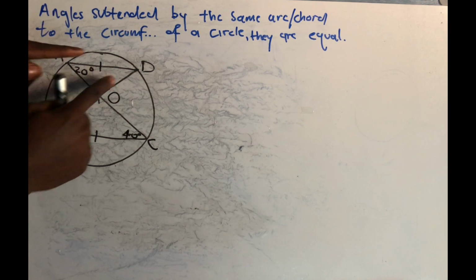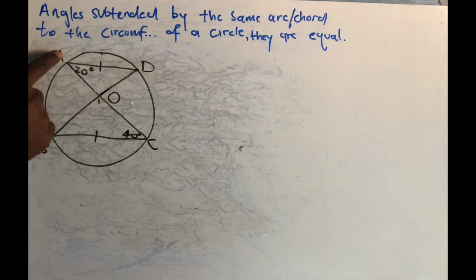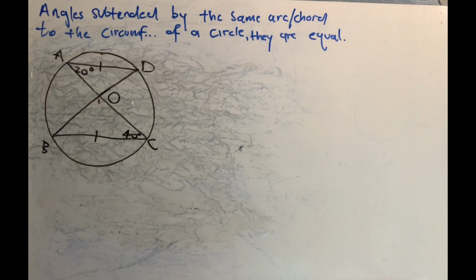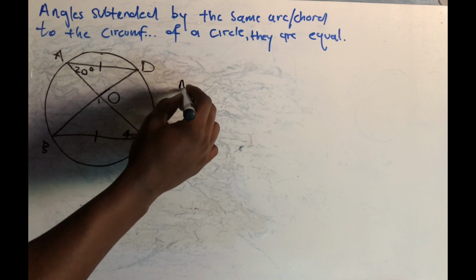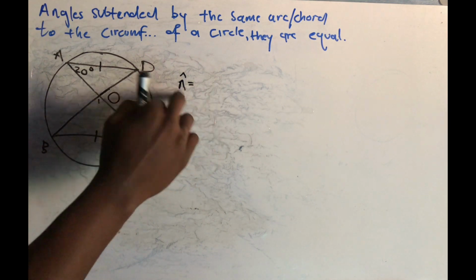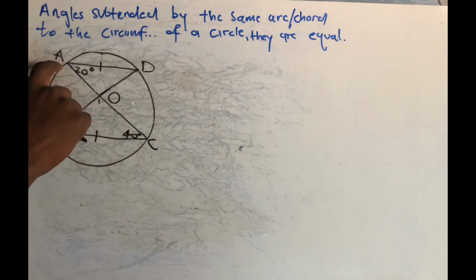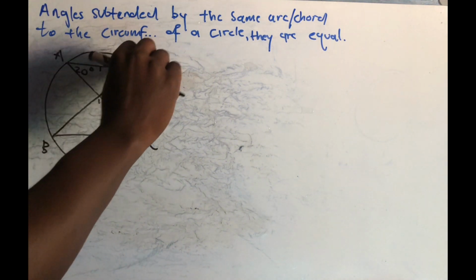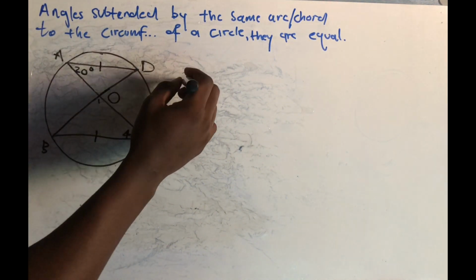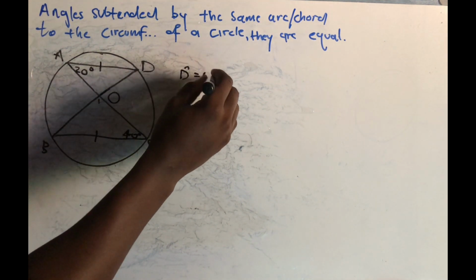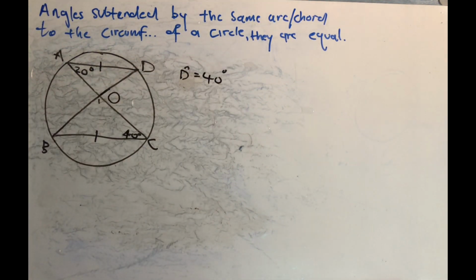AB subtends an angle to the circumference and also subtends another angle on the other side of the circumference. So angle D is equal to this one, since they are subtended by the same arc. So angle D is equal to 40 degrees.